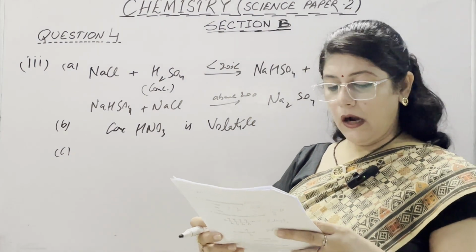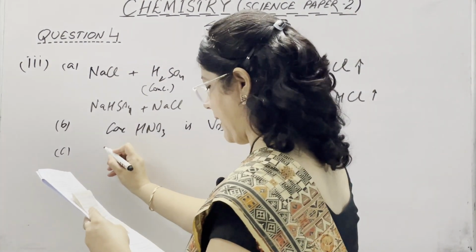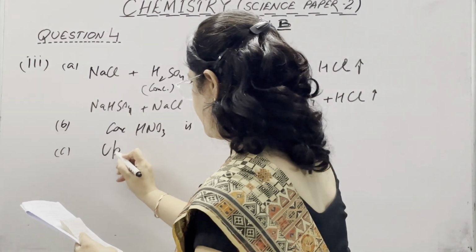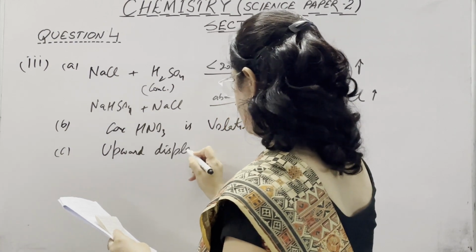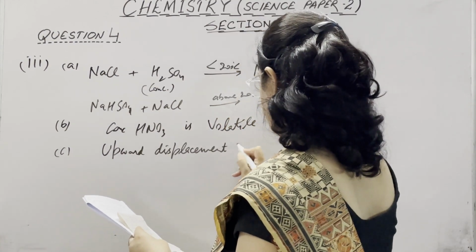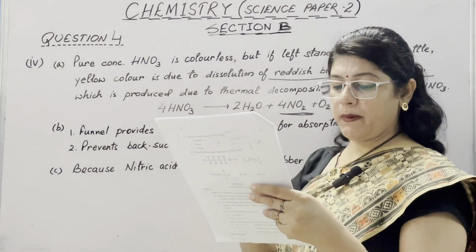In C part, how is hydrogen chloride gas collected? It is collected by upward displacement of air, because we know that it is heavier than air. In fourth part, explain the following.